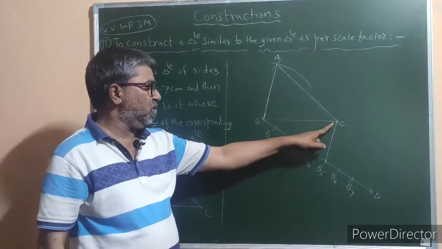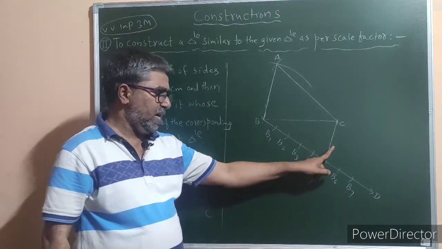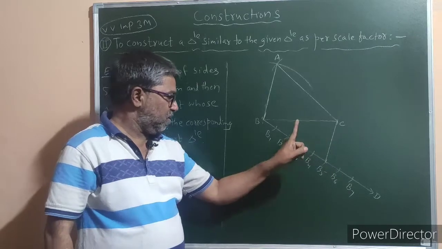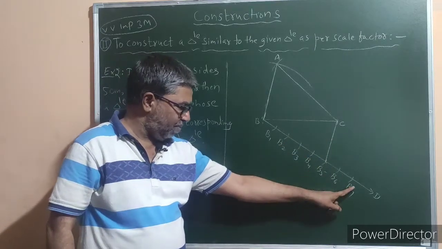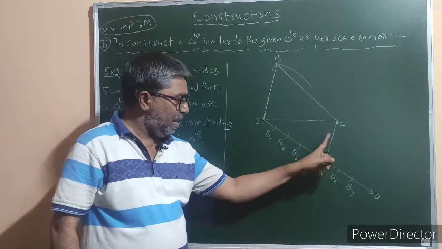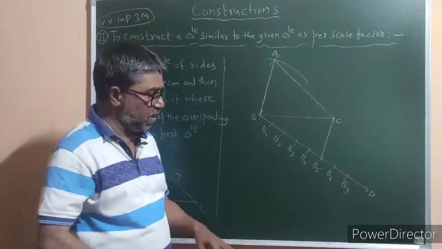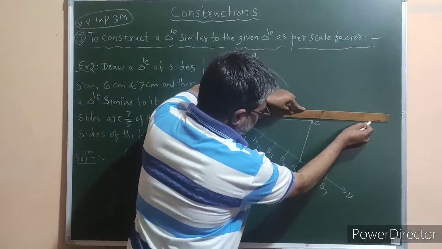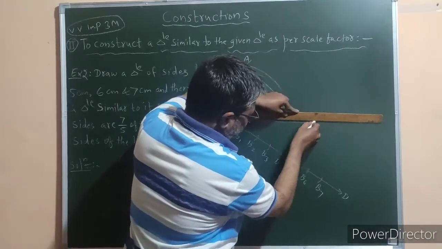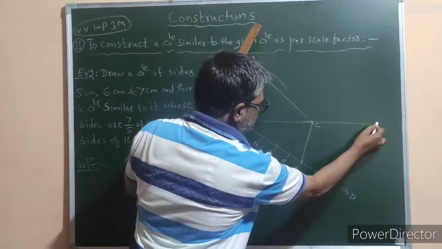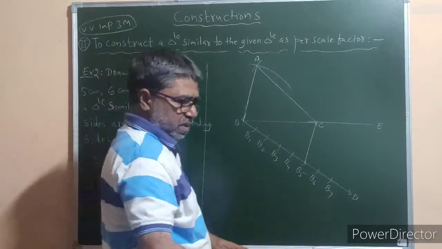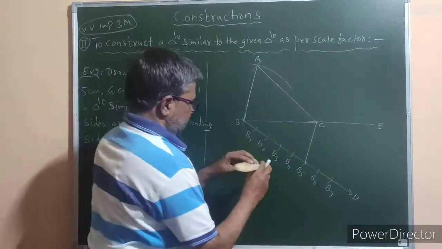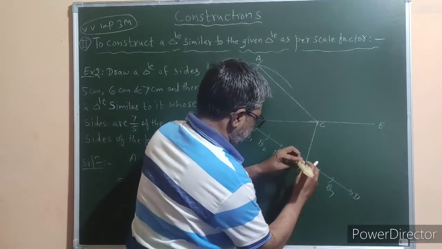So B5C will be a line segment. We have to draw from B7 a line parallel to B5C, and for that you have to extend the side BC up to E. Alright, now draw a parallel line.